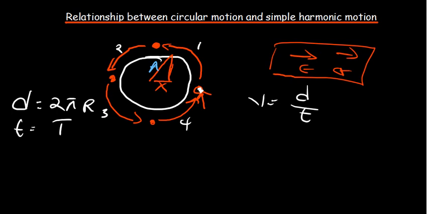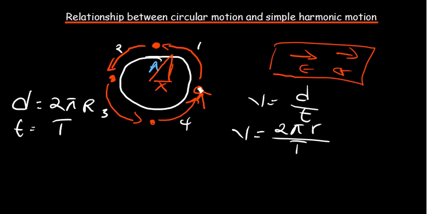So now in this same equation, v is going to remain the same. Here d we are going to put 2 pi r, the radius, over the period. Perfect.